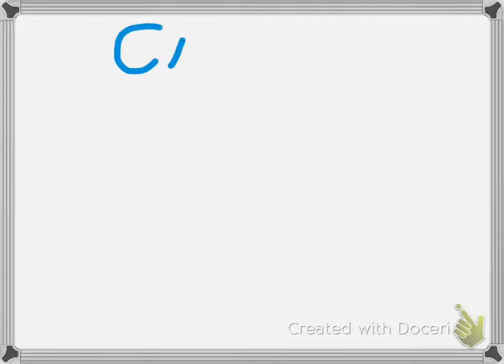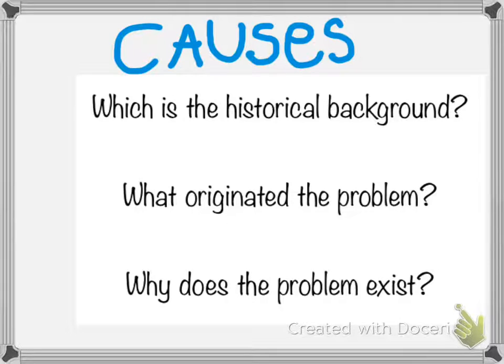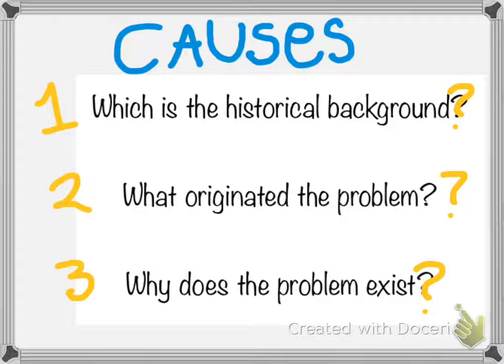The following step is to list the causes of the problem. Some of the questions that we may ask to identify them are: which is the historical background? What originated the problem? Why does the problem exist? In the example of process automation, we mentioned the problem in the question.